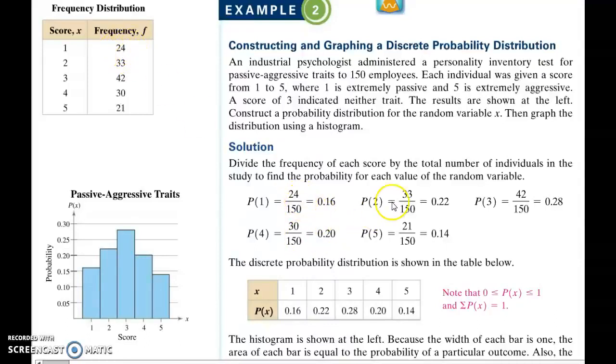You can see all the math here. Divide each one by 150 and you get the relative frequency, which is also the probability of each of the different outcomes. Once you have each of those outcomes, put them in table form or put them in graph form, here a histogram, and we see the probability distribution.